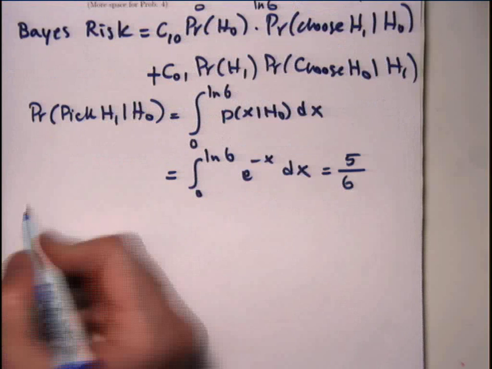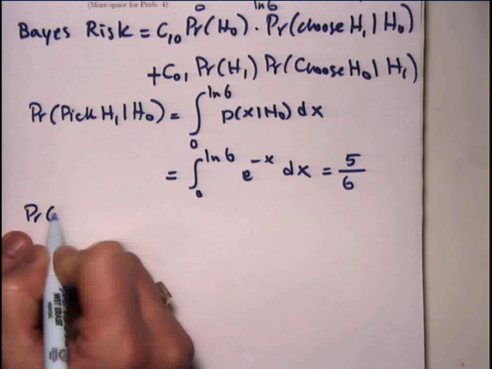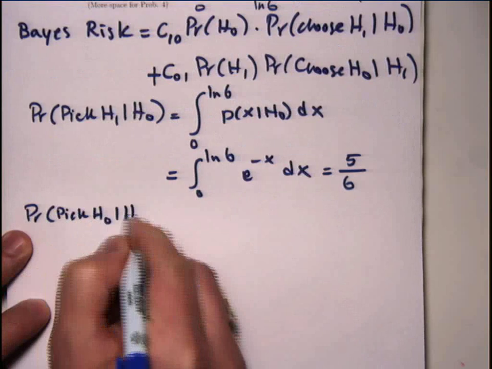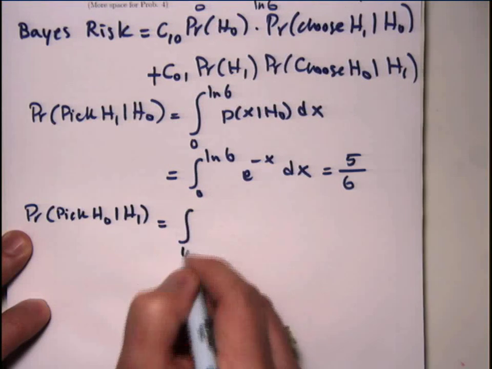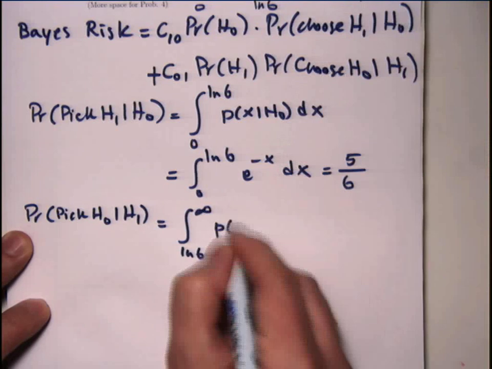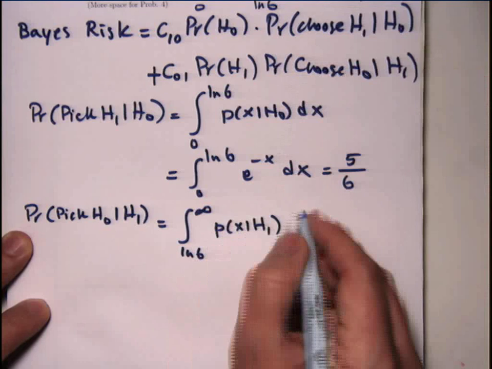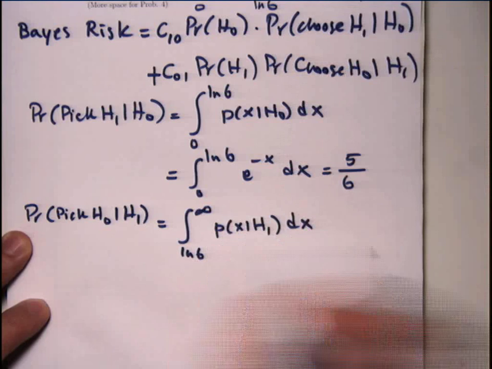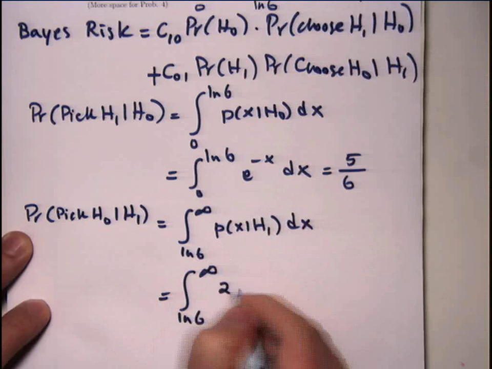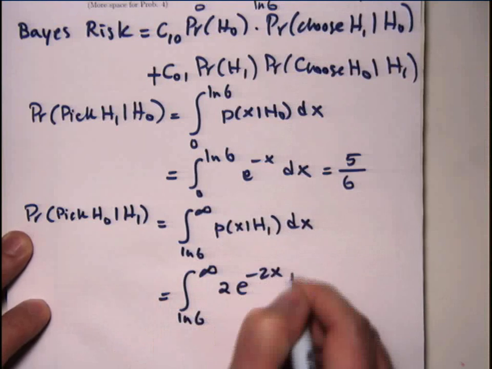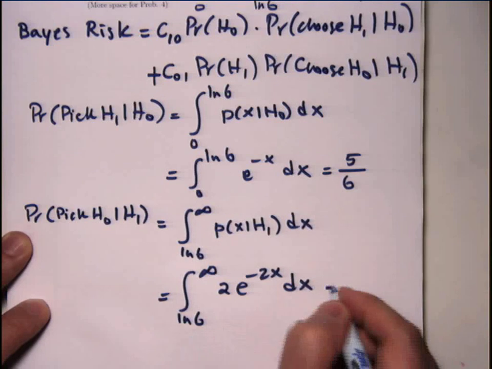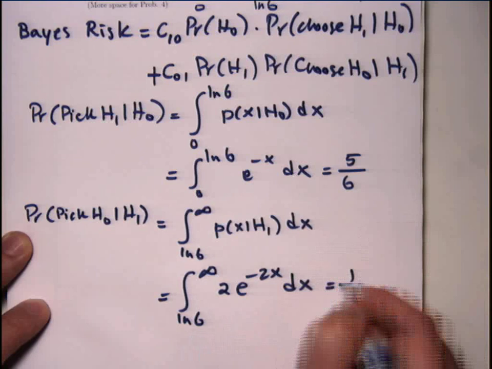Okay, and then the other one, probability of picking H0 given H1. This is the integral from log of 6 to infinity. It's this range now. PDF of x given H1 dx. And this is the integral of 2 e to the minus 2x dx. And this turns out to be, after doing the calculations, 1 over 36.